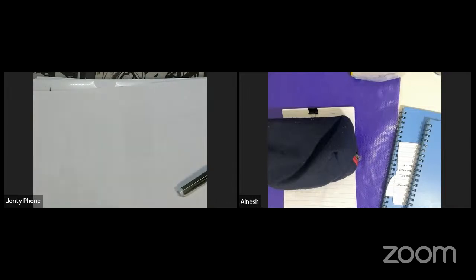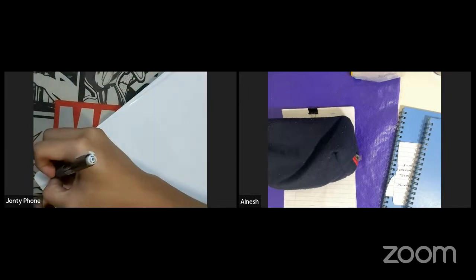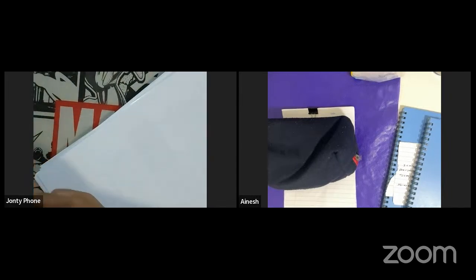Right. Now, go back to page 1. Summarize this yourself in a quarter of your paper. Ainesh, half of your paper, because your paper is small. You summarize this your own way, not my way. I will give you 3 important things to cover. Using the red one. We're on our paper, not the Jamboard, right? On your paper, your style.